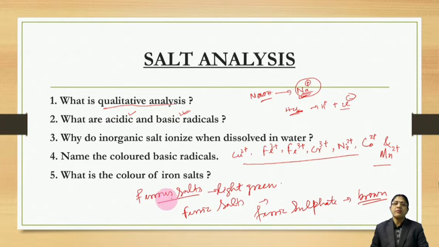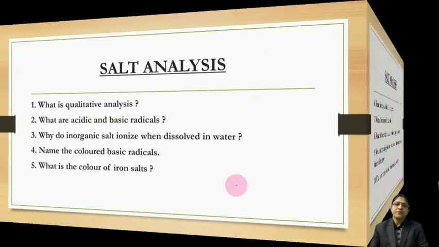Usually brown. And ferrous sulfate is light green. You might have observed this in the lab.